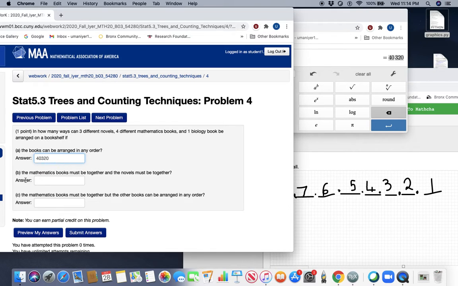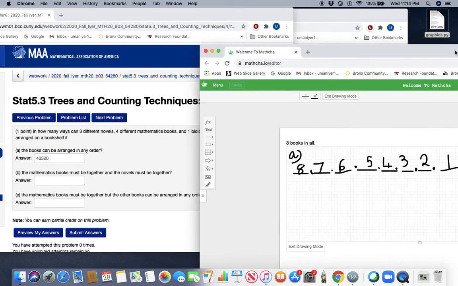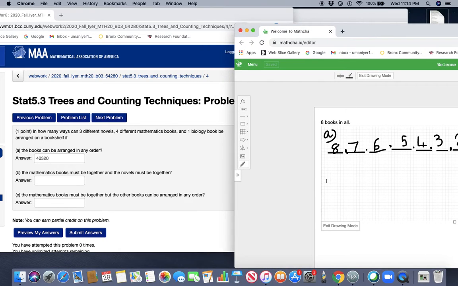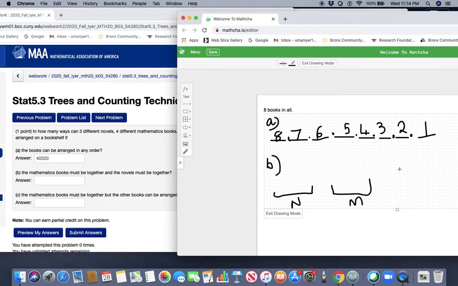All right. The mathematics books must be together and the novels must be together. So now this is a different problem. How is it different? Now these 8 books, there are the 3 novels. That would be one block, novels. Mathematics would be another block. And then biology by itself could be one small block.